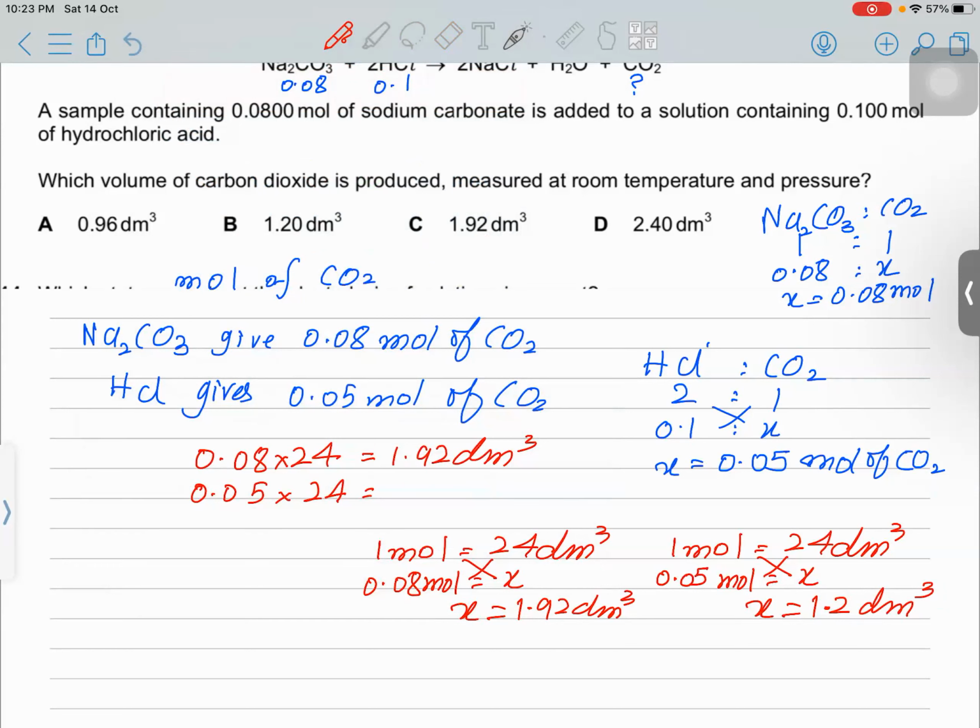So which one is the smallest? 1.2. So the correct answer is 1.2. We always follow the limiting reactant.